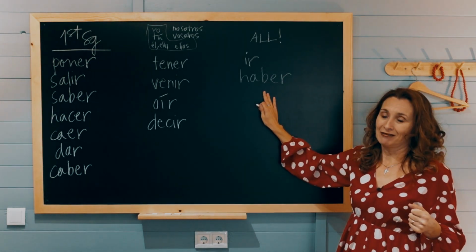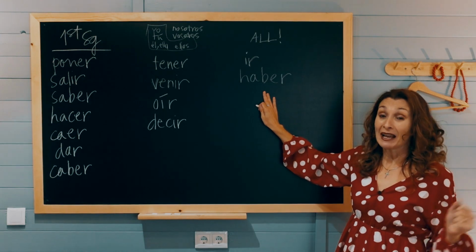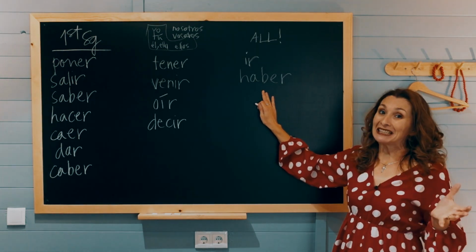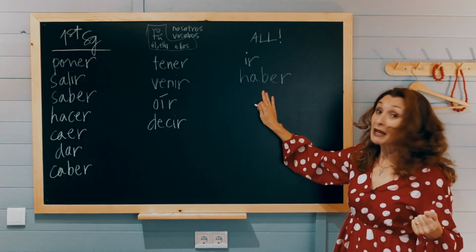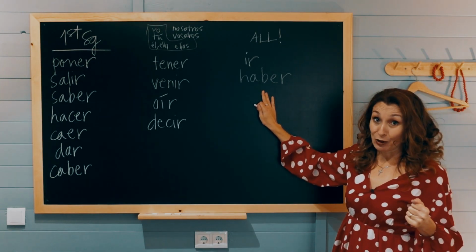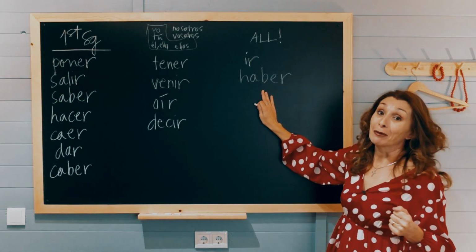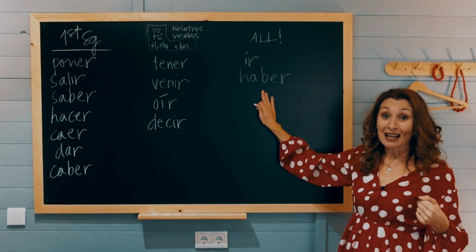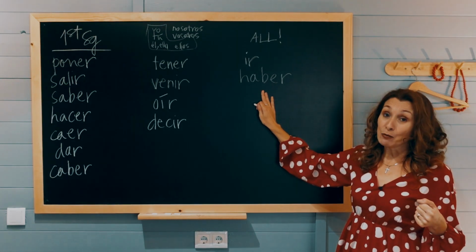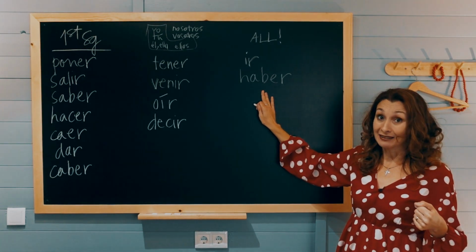Haber lost that role, so to speak. Now haber only exists as an auxiliary verb, okay? And of course, we still have to conjugate it. So haber in the present tense would be has, ha, hemos, habéis, han, okay?